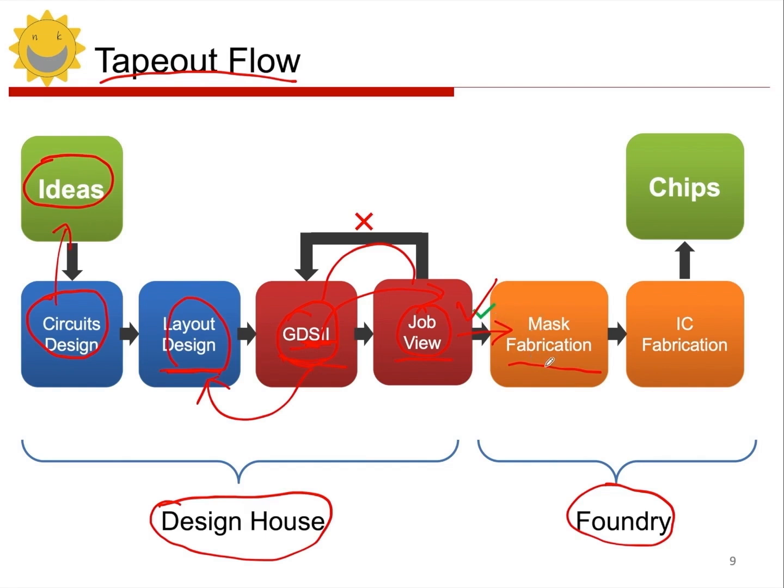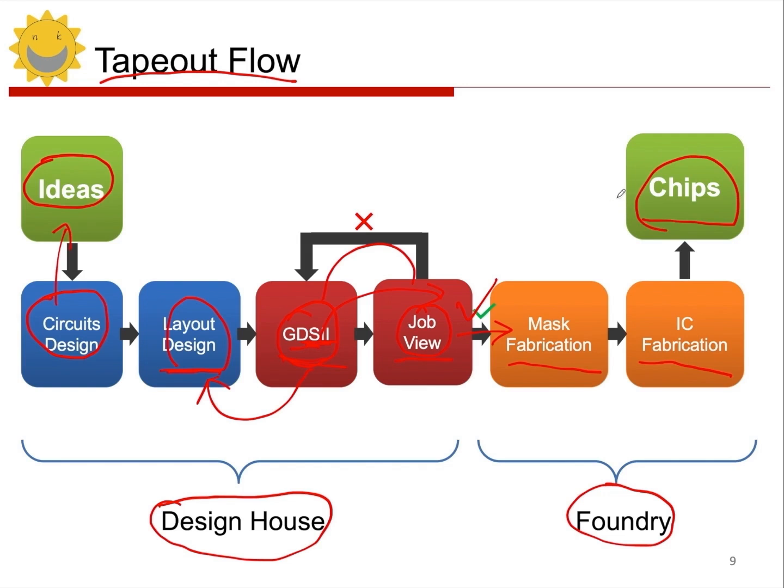It is important to note that the GDS2 file is a critical component in the data handoff process. Specifically, the GDS2 file serves as the primary link between the design house and the foundry. The tape-out process is a crucial step in the overall manufacturing process.